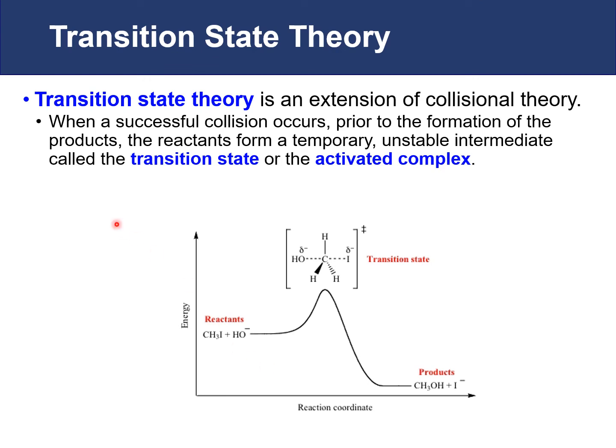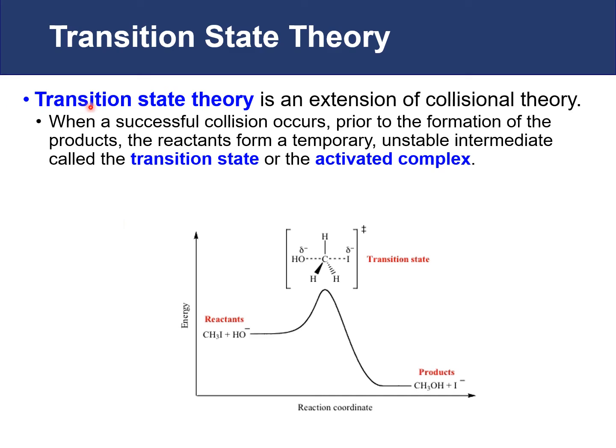So we also have what we're going to call transition state theory, which is an extension of collisional theory. Collisional theory essentially said in order for a reaction to occur, the molecules must come together and collide in the correct orientation and with sufficient energy.